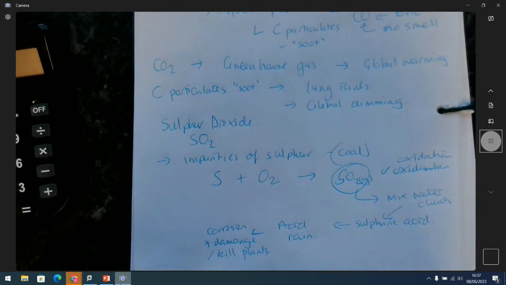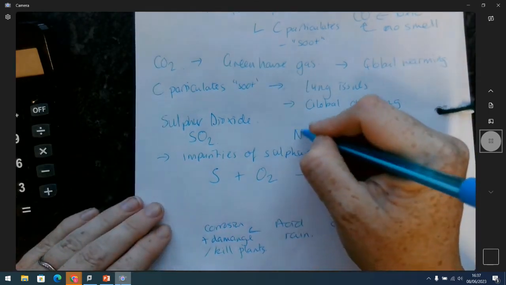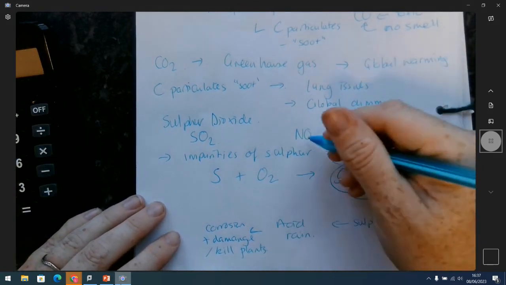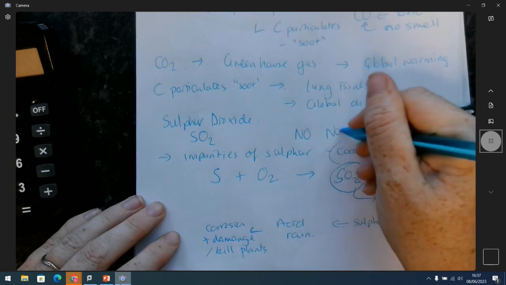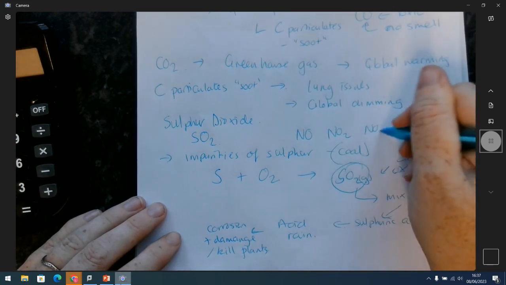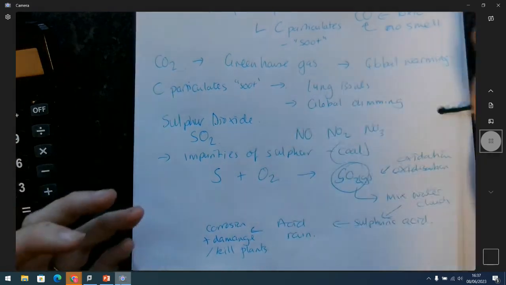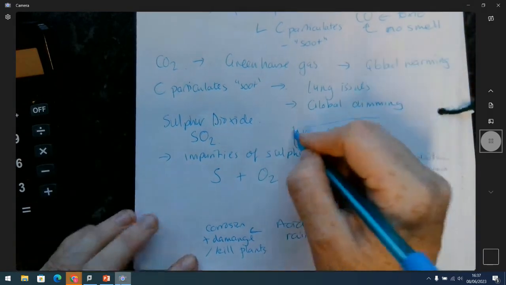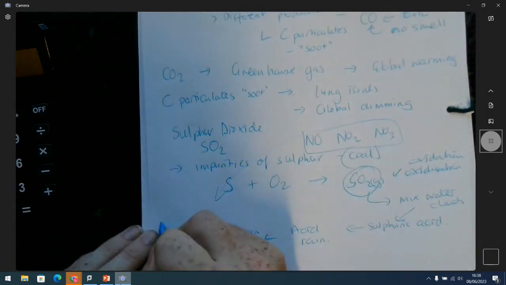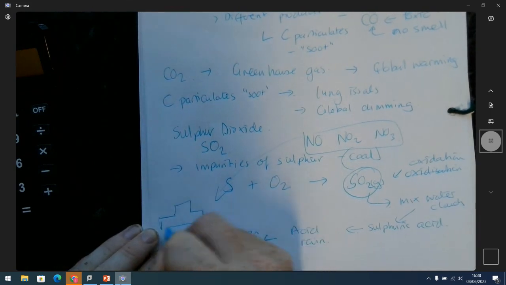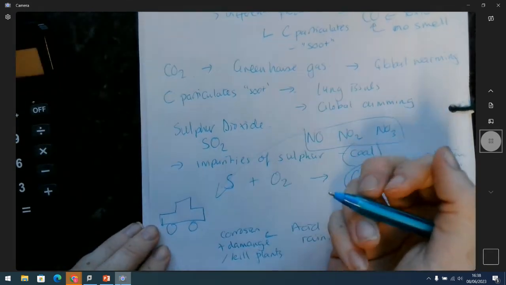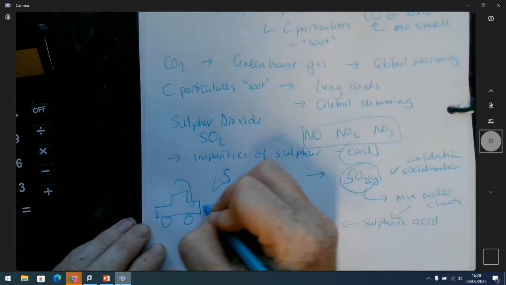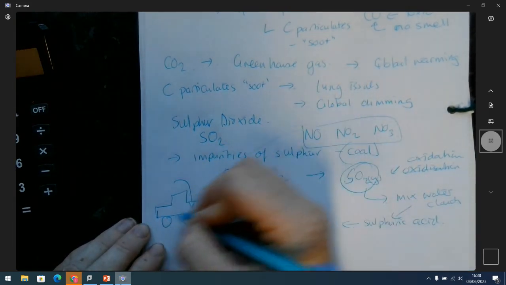So what I also want to point out is you've also got nitrous oxides, and they come in different ways. So you might have nitrous monoxide, you might have nitrous dioxide, trioxide, they're all nitrogen oxides, okay? And these are usually produced within a car. So when you put your fuel into the car, air then enters through the radiator there.